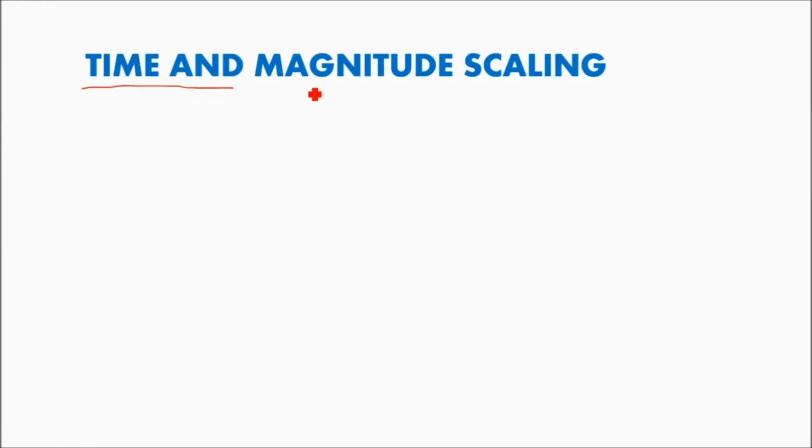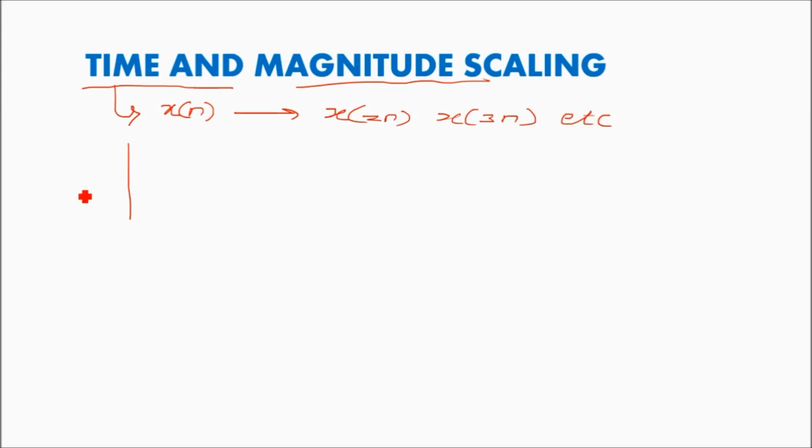Then it is time and magnitude scaling. We will take time first. If x of n is a signal given, then time scaling may be x of 2n or x of 3n, etc. Suppose the signal has values 1, 2, and 3 at 0, 1, 2.